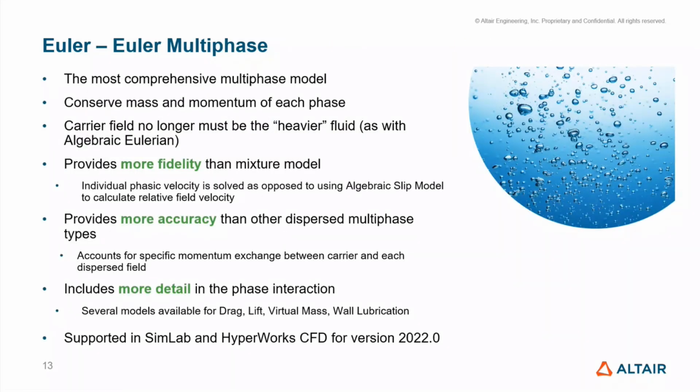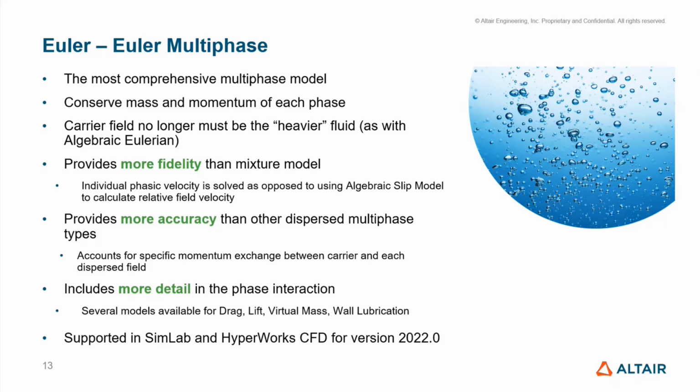So in summary, the new Euler-Euler multiphase model allows for more detailed multi-phase simulations by calculating momentum and continuity of every active phase. It provides more fidelity and accuracy than the algebraic Eulerian mixture model, and more phase interaction detail with additional mathematical models.